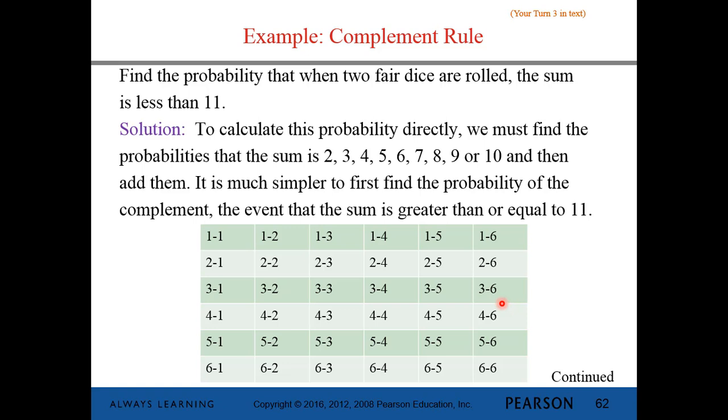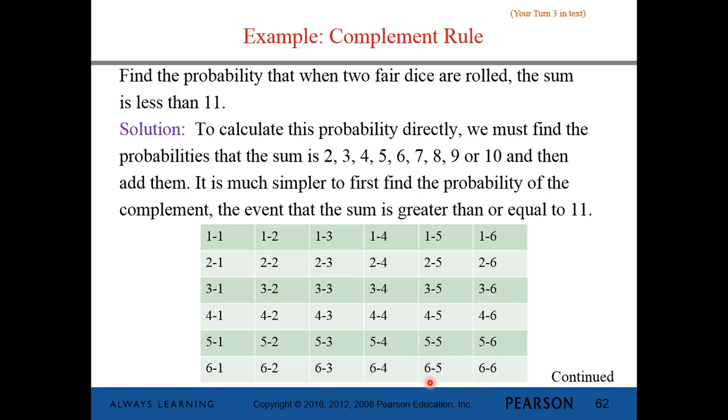Or we can use the complement rule, because either it's going to be less than 11 or it's not, right? So I can split this up into 2 different sets. This is set A and this is set B. I can find this one easier, because this is the smaller one, much smaller.